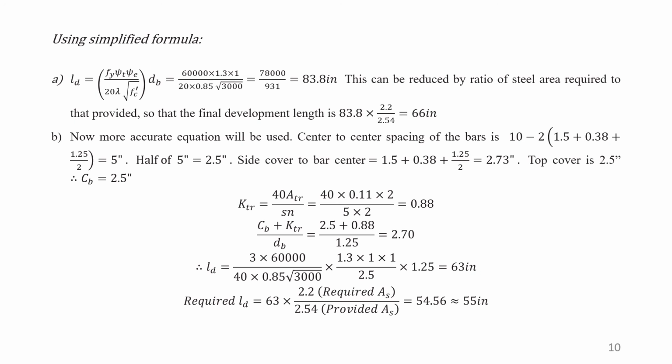And LD is equal to 63 inches. Required LD is equal to 63, and we require 2.2 steel area, and we have provided 2.54. The reverse proportion of this one will be coming up.